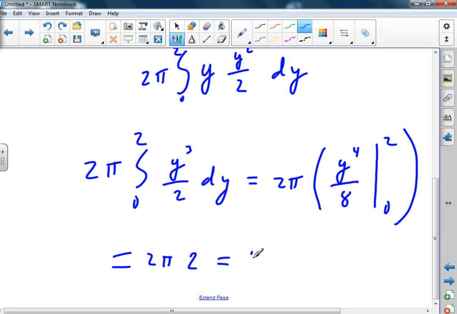So this should be 4 pi for my final answer. Because this is number 5, we can look in the back of the book.